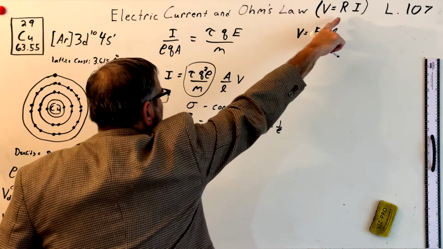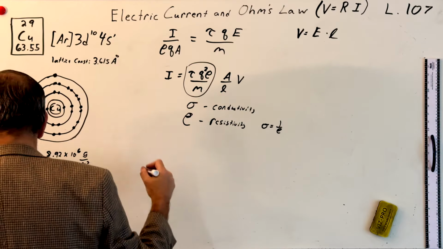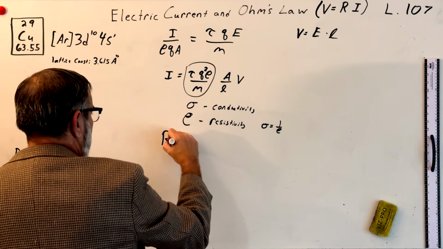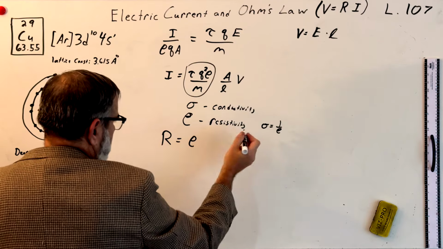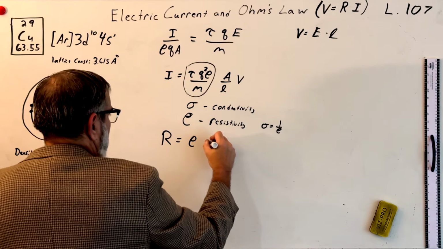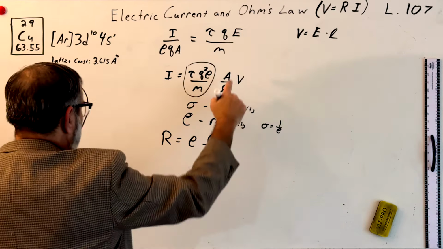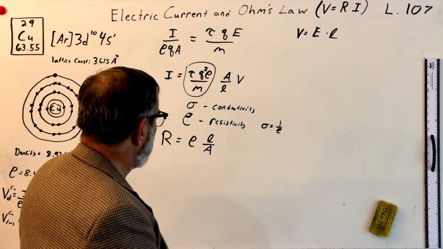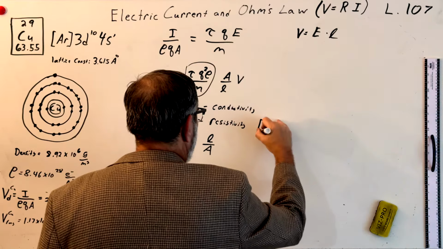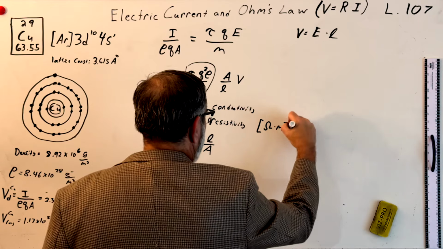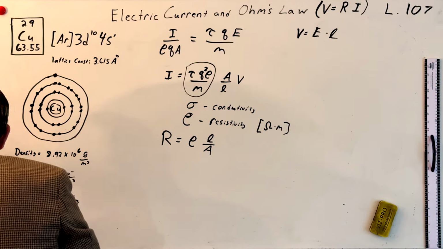But the R in what most people think of as Ohm's law, this big R, is equal to rho, the resistivity, times L divided by A. And so what you'll do is you'll look up in a table, resistivity has units of ohm meters. And I didn't even say what an ohm was, did I?